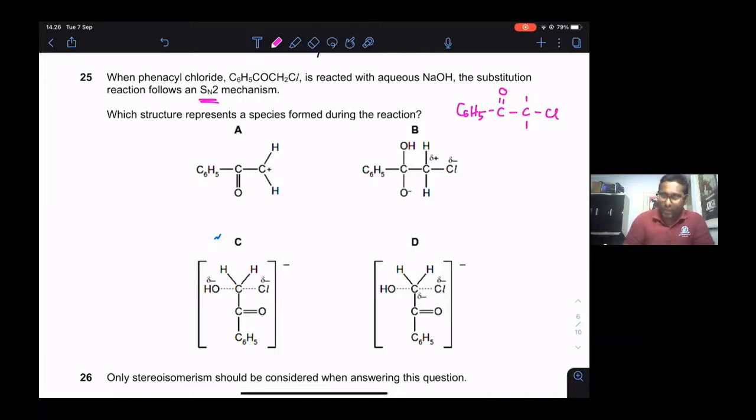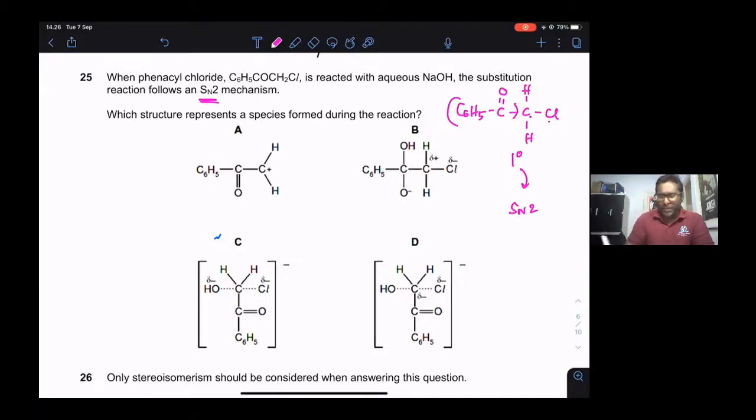What kind of halogenoalkane is this? The carbon attached to the halogen is attached to one R group. So this is a primary halogenoalkane. Primary halogenoalkanes undergo SN2, so they will not form a carbocation. They will form an intermediate.